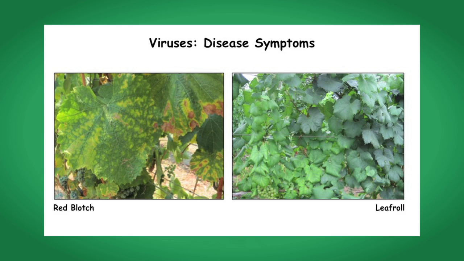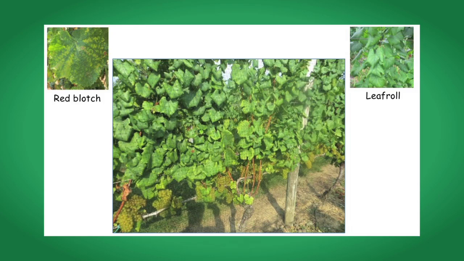And you see for red blotch this intervenal chlorosis that looks a lot like nutritional deficiency. For leaf roll, you have an overall chlorosis of the canopy and downward curling. These are textbook pictures.